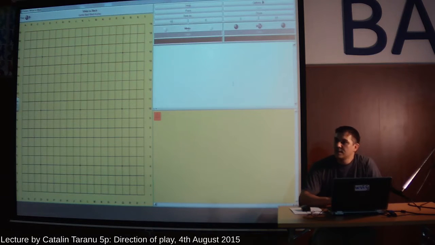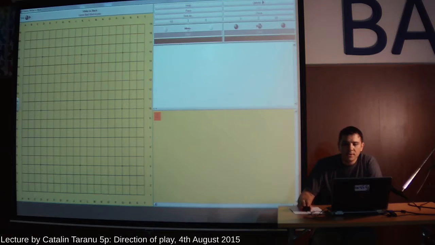But later on in the middle game, we also have the concept of direction of play. Sometimes we have groups that we can attack. There are many ways to attack groups, but we have to find the profitable way. We have to know where we want to make territory, where the area that is important for us is, and then attack from that direction.